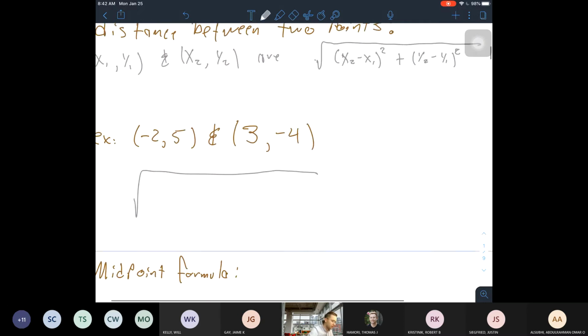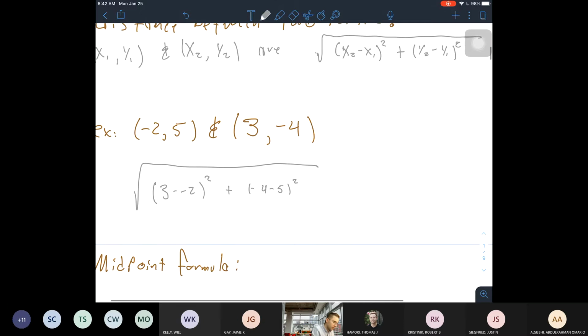Okay, so for this one, we're just going to subtract the x coordinates first. So we'll do 3 minus -2, and we'll square that. We will add -4 minus 5 and square that. And we get, let's see, this would be a 5 squared.